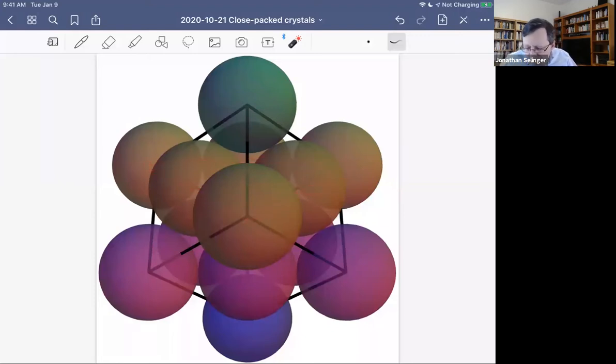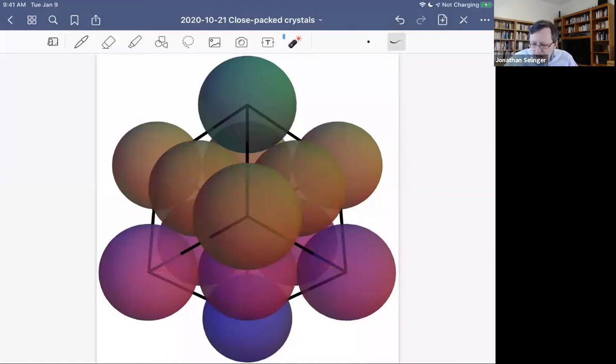This is a hexagonal lattice, and we already know that the hexagonal lattice is the best possible packing in 2 dimensions for disks. So this is a layer of olive green spheres with the best 2D packing. And then down here, there's another layer of these purple spheres with the best possible 2D packing.